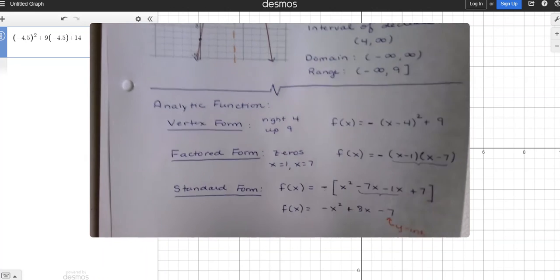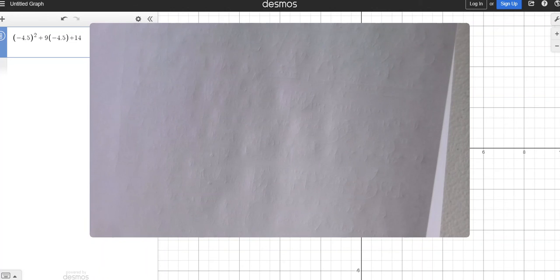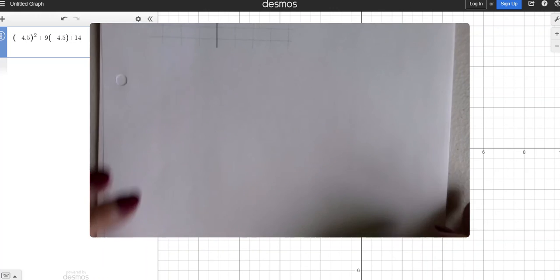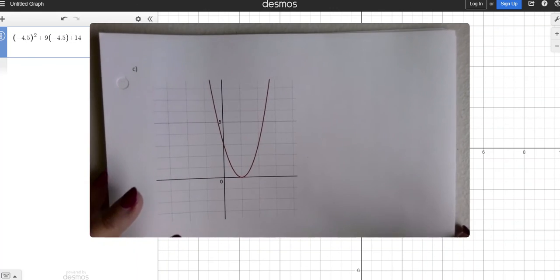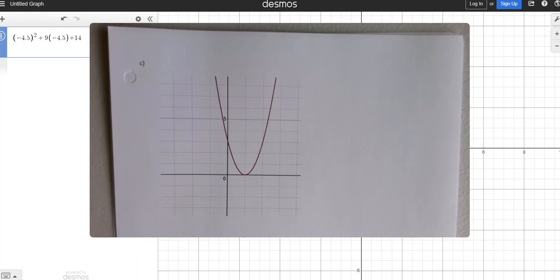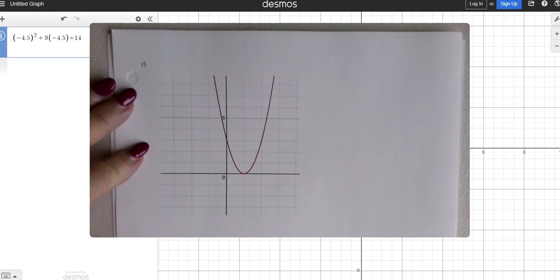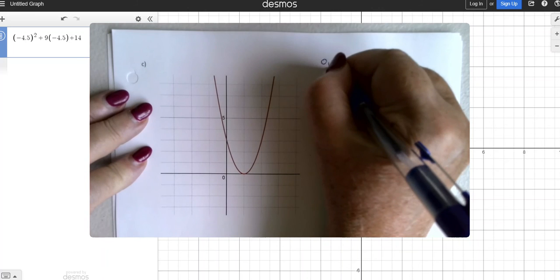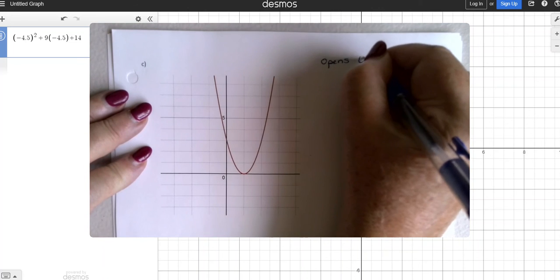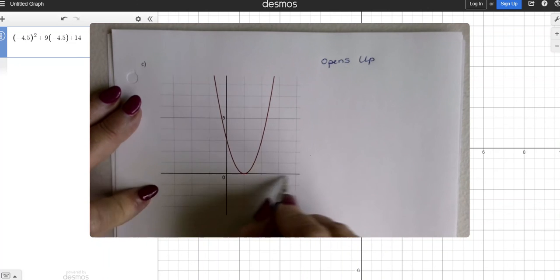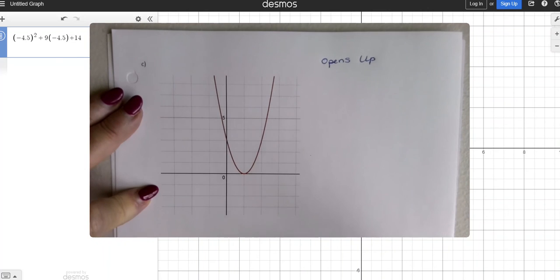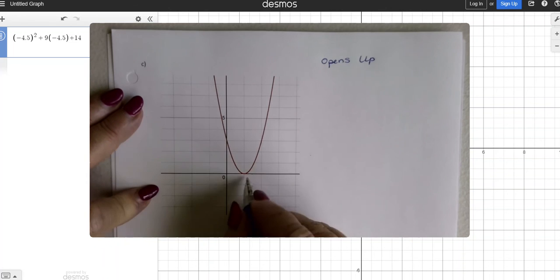All right, I have one more. And again, we're going to start with the information just from the graph itself. Definitely opens up. Vertex, I guess I didn't put a scale here on the x-axis, but if there is no scale, then you should assume that we're counting by ones.